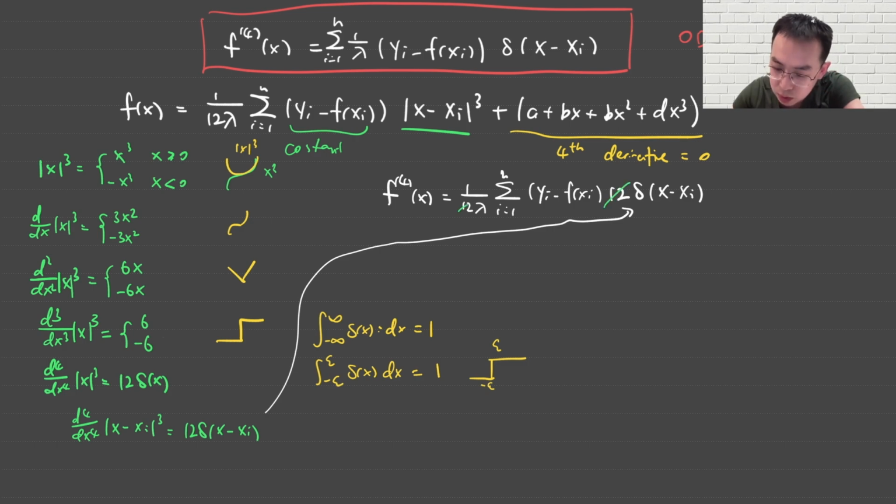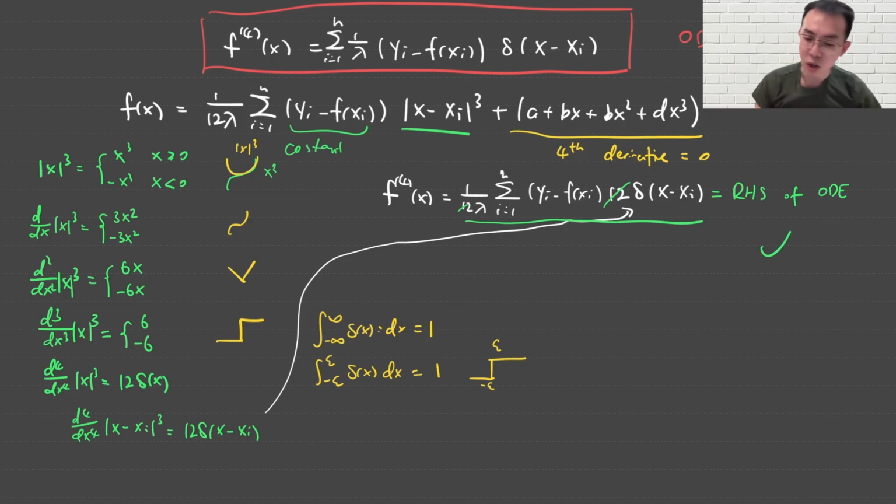Okay, now we get exactly the right hand side of the ODE, right? This is the right hand side of the ODE. Okay, good. Now we've checked. This is the correct solution for our smoothing spline, by finding the minimizer of the functional.